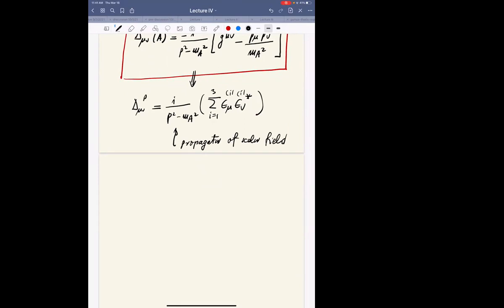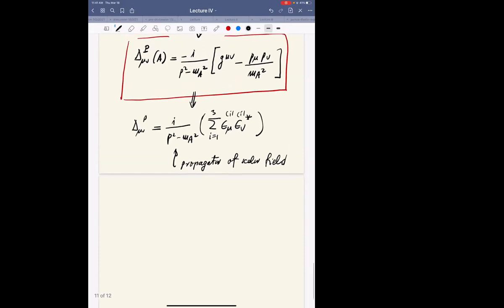And you have 3 such scalar fields whose sum of the polarization tensor is precisely this g mu nu, p mu p nu combination. So it's not surprising that what you are doing is simply propagating those fields. Okay, this is the physical interpretation. This is the sum of polarizations. So it's kind of nice that the physical intuitive picture works.